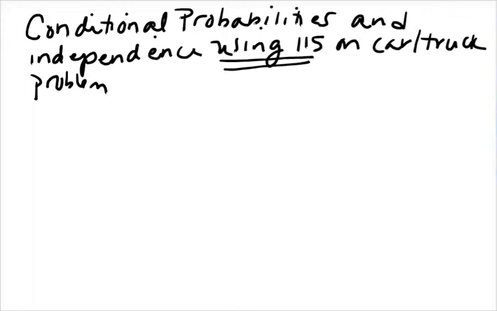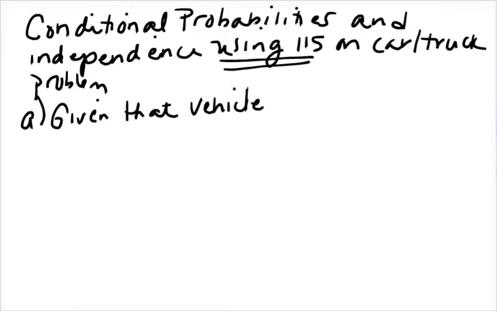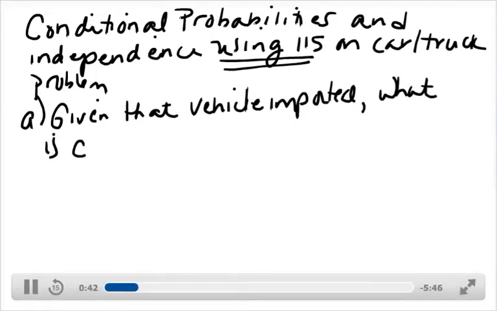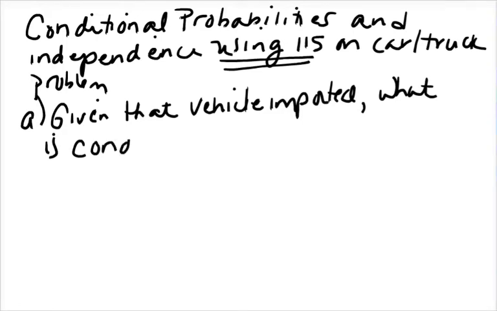So the first part of the problem, they ask you, given that the vehicle is imported, what is the conditional probability that it's a light truck? So you can pick that off the table.